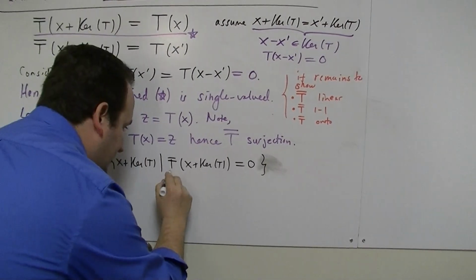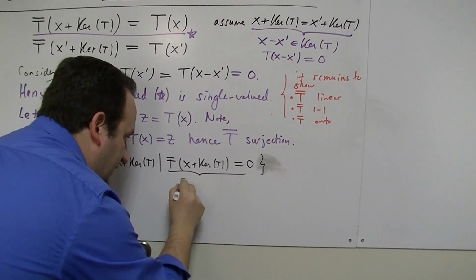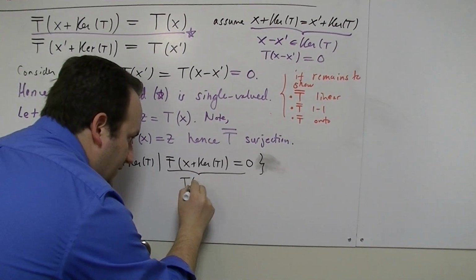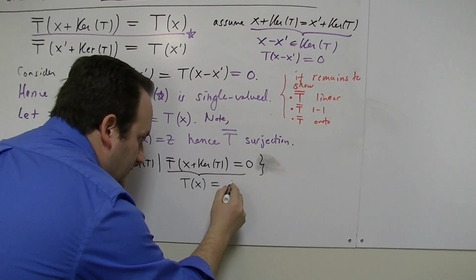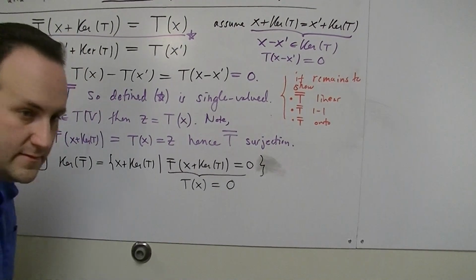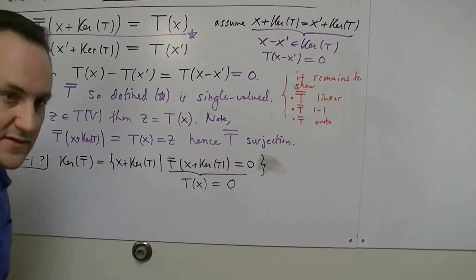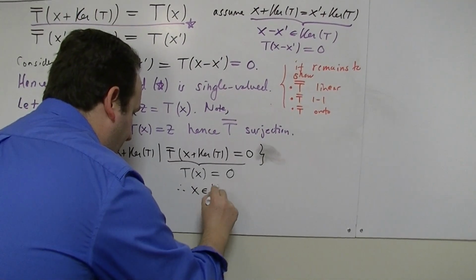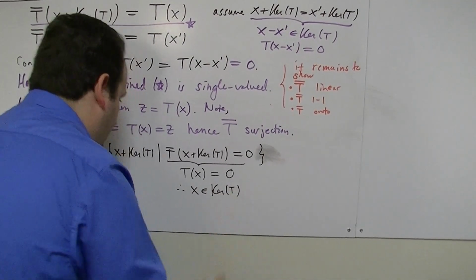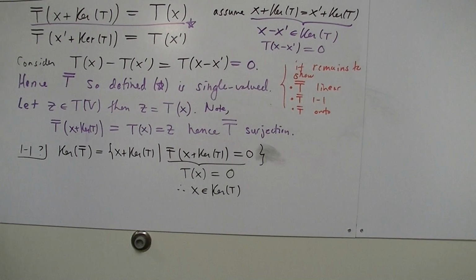So if we focus on this here, what do we got? We've got T of X equals 0 by definition of T bar. What's it say about X, though? X is an element of the kernel of T, right?